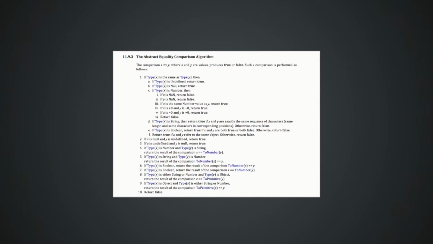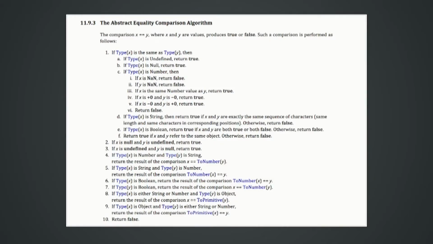This is the page from the ECMAScript specification, and I wanted to show you that this equality algorithm fits on a single screen. It is deterministic, and as you read through it, it says, all right, if X is a string and Y is a number, we'll try to convert them to numbers and do equality that way.